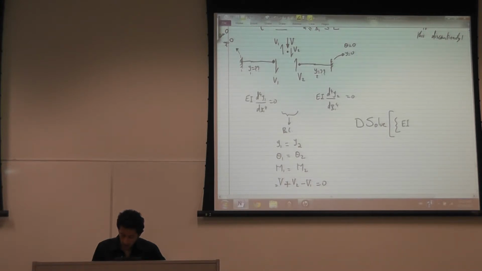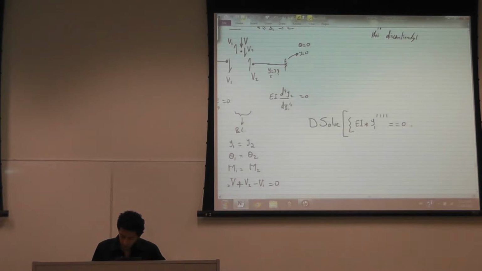EI multiplied by y1, 1, 2, 3, 4 equals 0, comma, EI. So I'm writing both differential equations. Y2, 1, 2, 3, 4 equals 0, comma, y1 of 0 equals 0, comma, y1 prime of 0 equals 0.